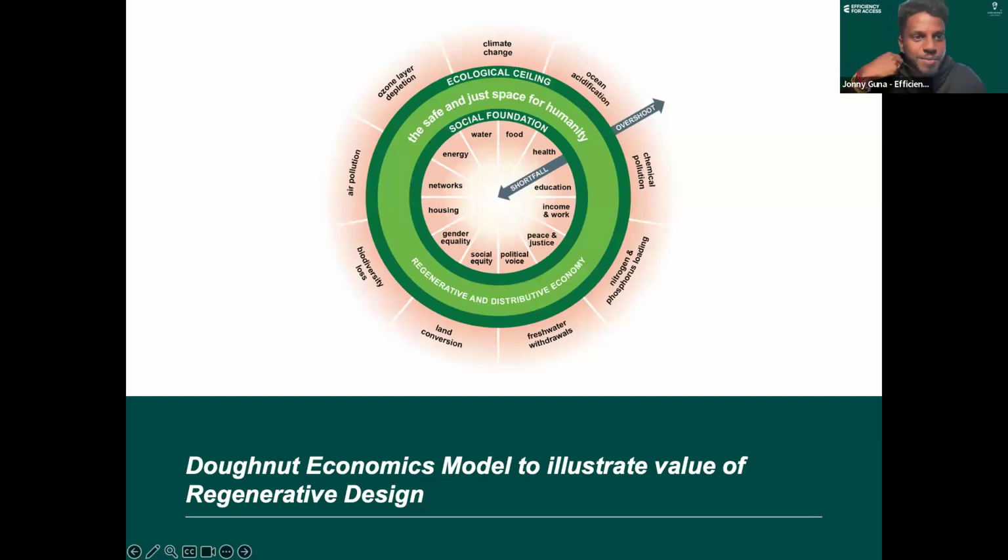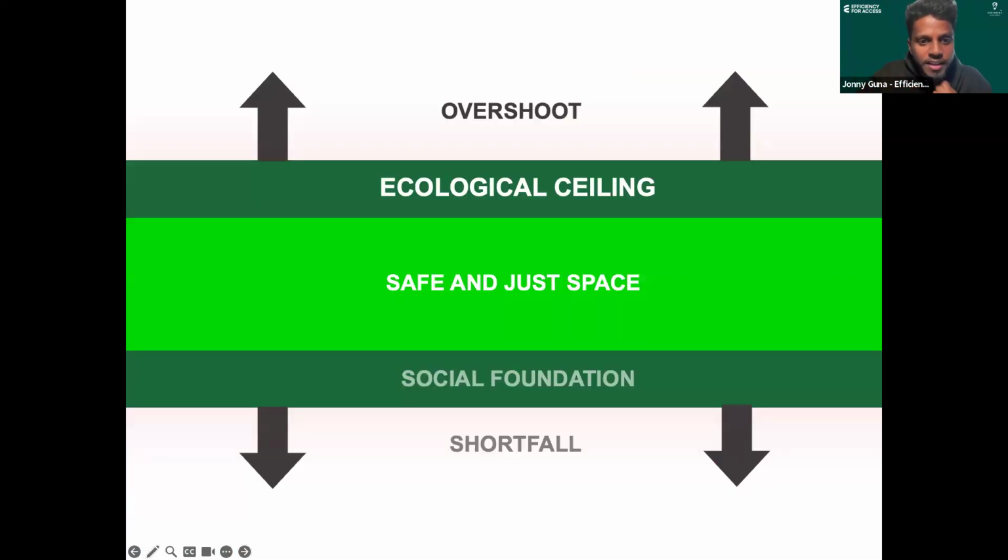Words that we've heard a lot: chemical pollution, climate change, ozone layer depletion, etc. So essentially, for any design or way of living that we try to adopt, we aim to find the balance between the social foundation and the ecological ceiling. This place is what we call the safe and just space for humanity to progress and have a good quality of life, and at the same time not use up every single resource that we have in this world.